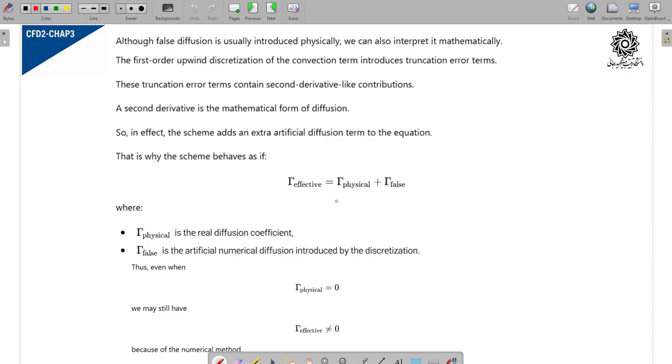Also, false diffusion is not introduced physically. We can also see that the first order upwind truncation error term contains a second derivative, which is the mathematical form.